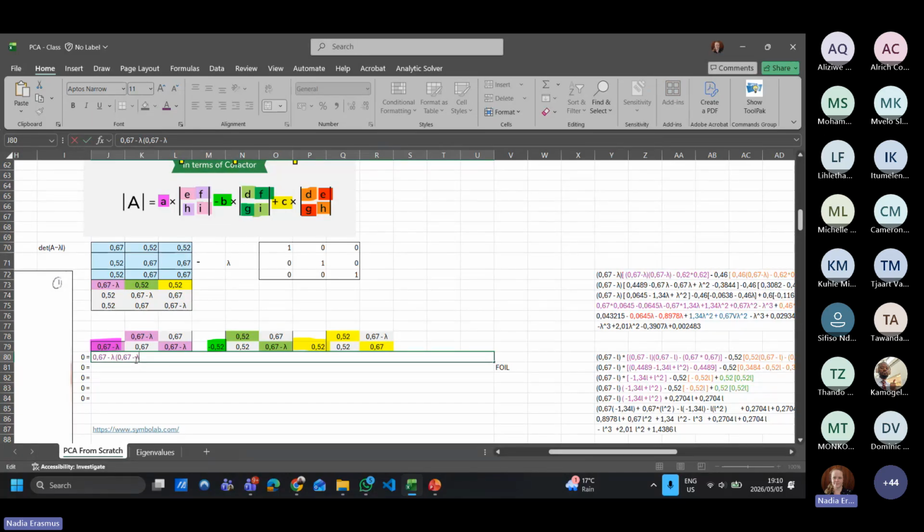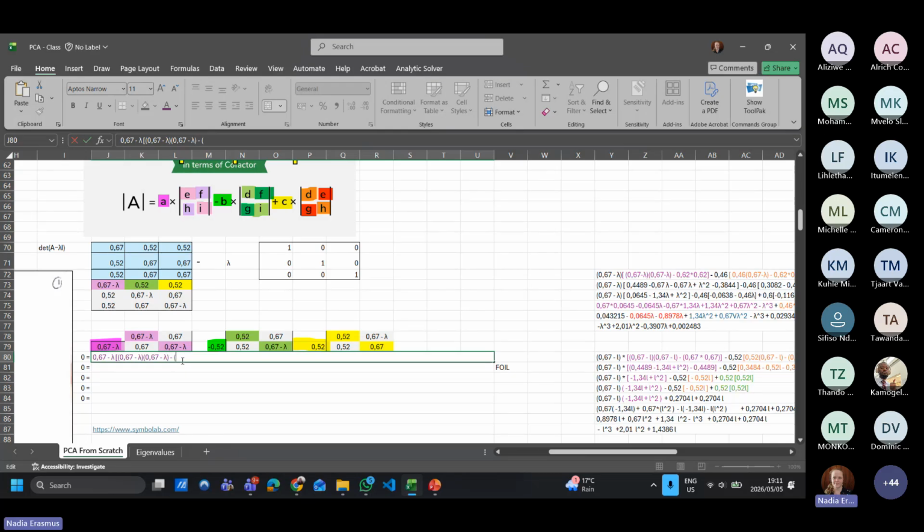Okay, so let's have it. Then we have 0.67 multiplied by minus lambda. So I'm going to put a block bracket here as well, because this is our first section, multiplying those two together. Then we're going to subtract.